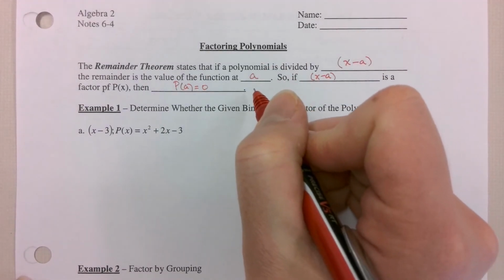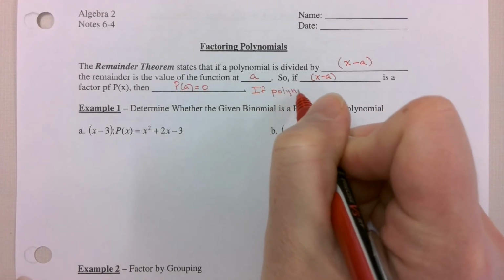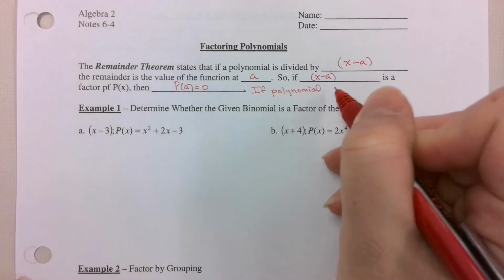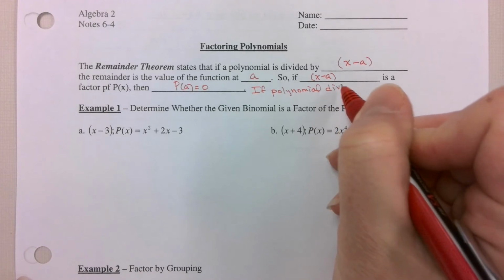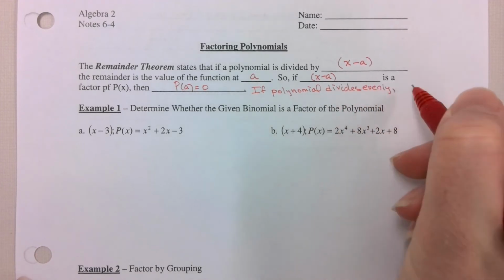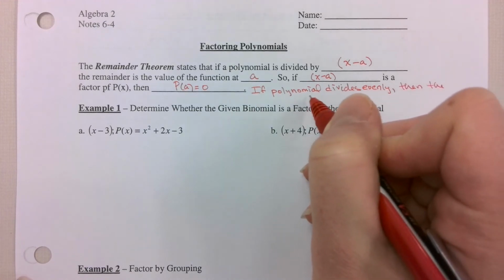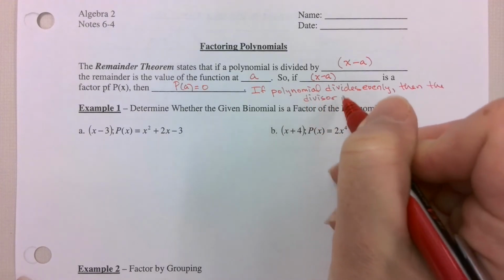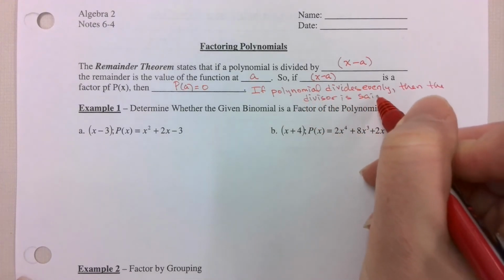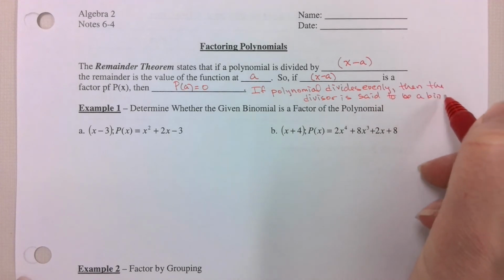Basically, we want to know that if a polynomial divides evenly, then the divisor is said to be a binomial factor.